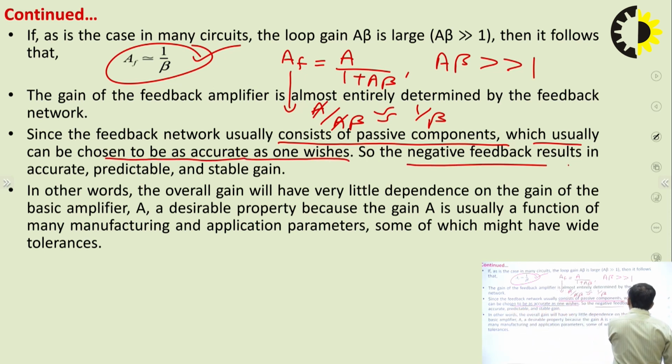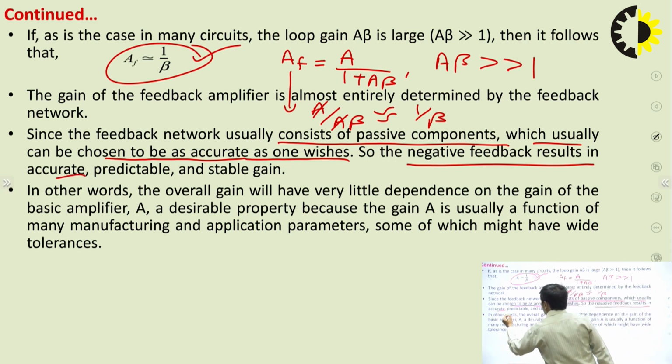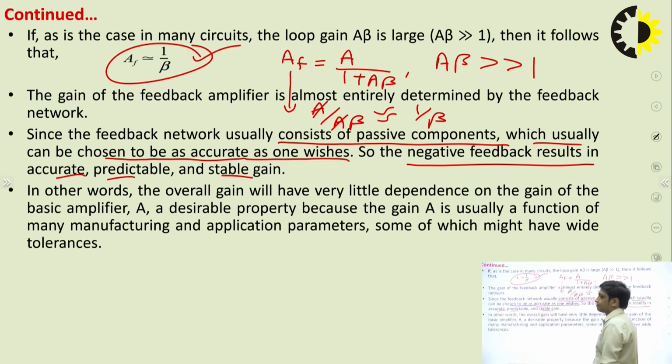So negative feedback results in accurate, predictable and stable gain, because the closed loop gain AF depends upon beta only, if we consider the loop gain to be very high.